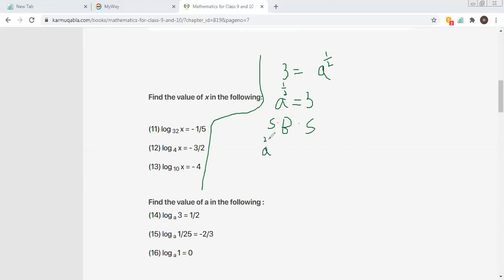When we take square on both sides, a is equal to 3 power 2. Square cancels from 1 upon 2. 3 threes are 9. This is the answer of question number 14. Is there any confusion, class?